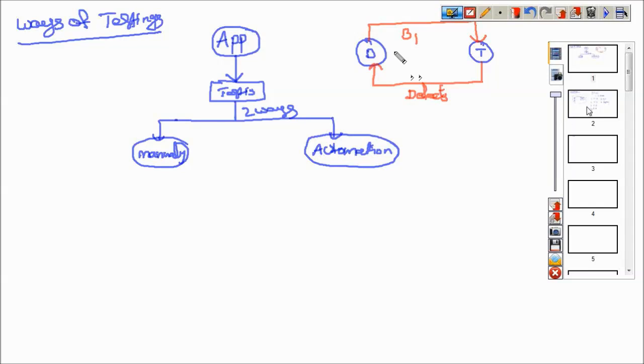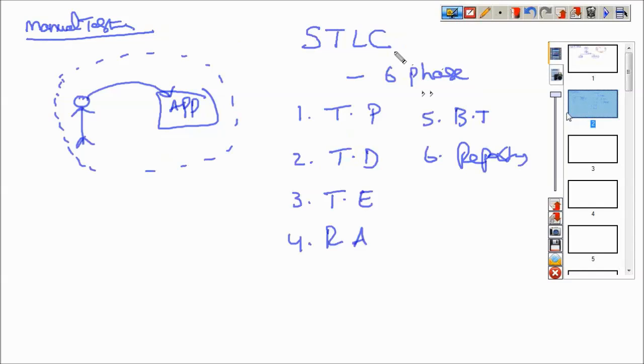Simply, this is testing. So now I'll give the definition of manual testing. Manual testing is a process. Process is nothing but developers to test engineer to developer.